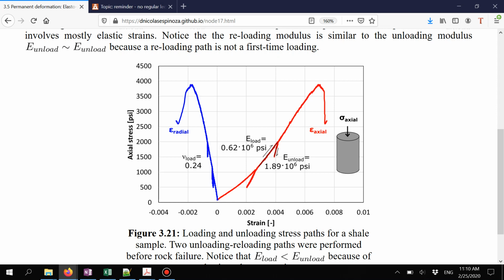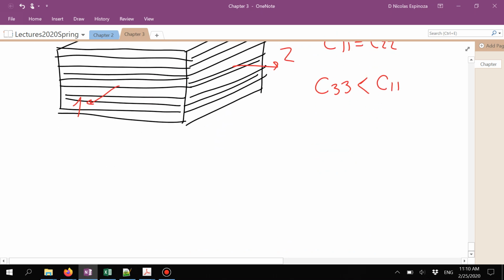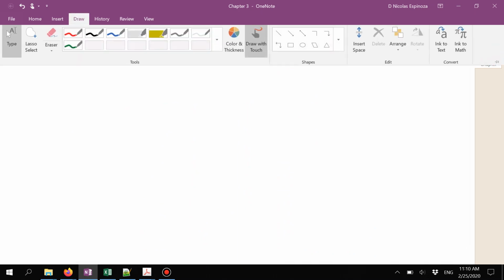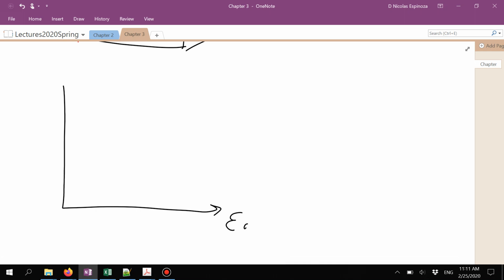For example, if we were to unload this sample after failure, let me do this schematic here, we would also have a large irrecoverable strain. So let's make a schematic of this again. And now I'm just going to draw the axial strain and the axial stress.